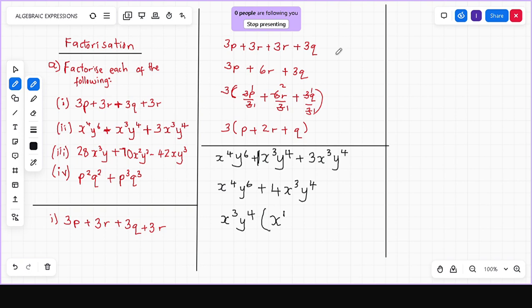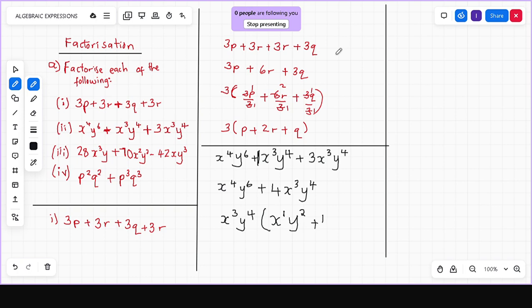Because these are 4 x's, when you take 3 x's outside the bracket, you're going to be left with only 1x. Now coming to y, we got 6y's, but to take 4y's outside the bracket, how many are going to be left? Out of the 6 you take 4, you're going to be left with 2y's. So y is going to be raised to power 2 plus this 4.